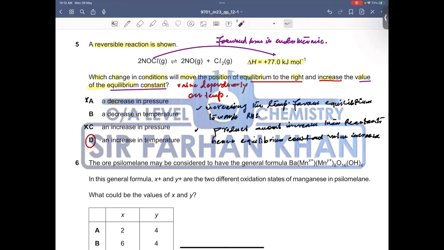So either you go for B or D. Obviously, I did not consider B because if the reaction is endothermic and you decrease the temperature, the equilibrium favors the left hand side. This increases the amount of reactant and decreases the value of Kc or Kp. In other words, it decreases the value of the equilibrium constant, which is why B is also incorrect.